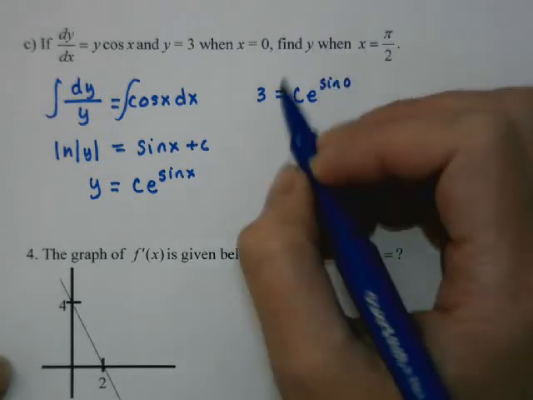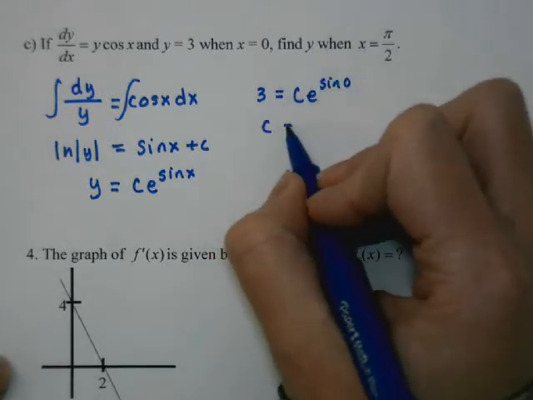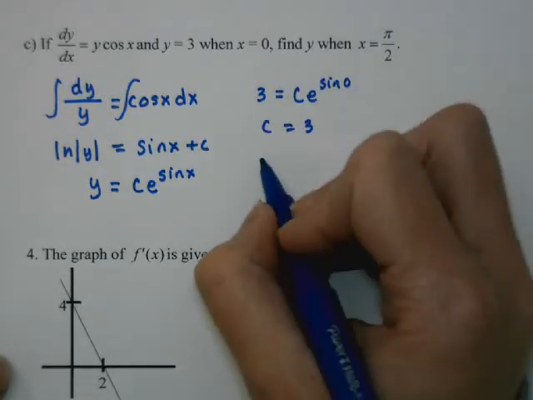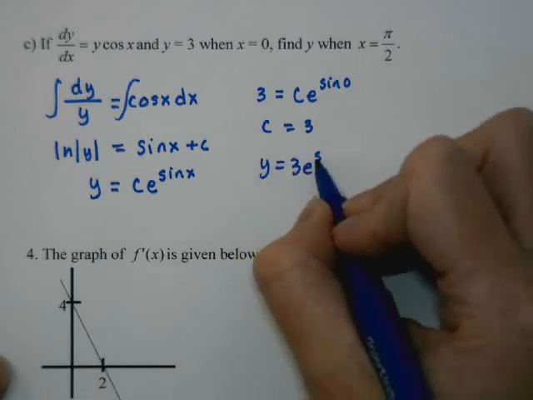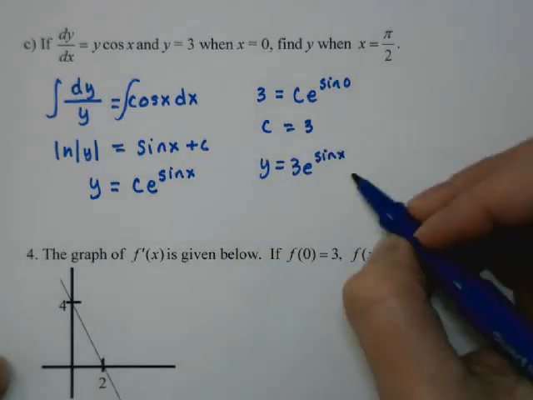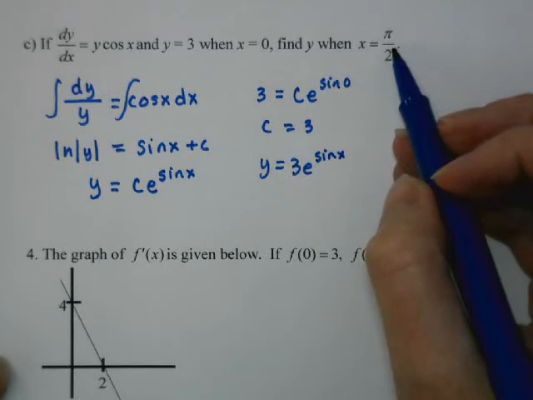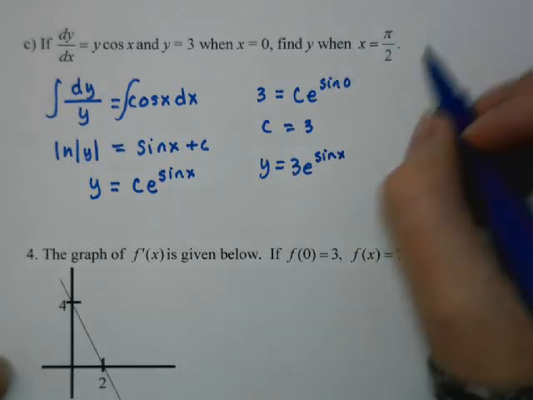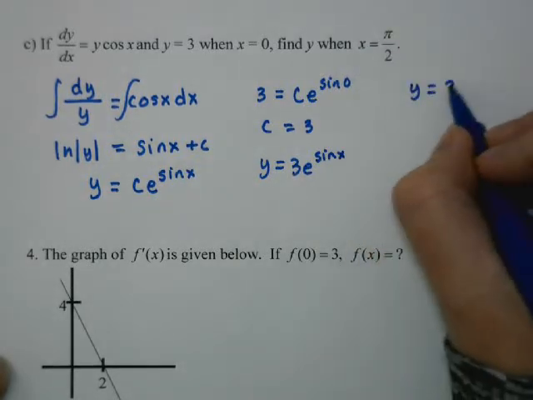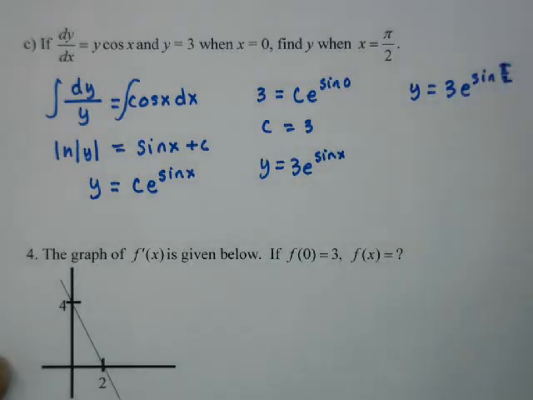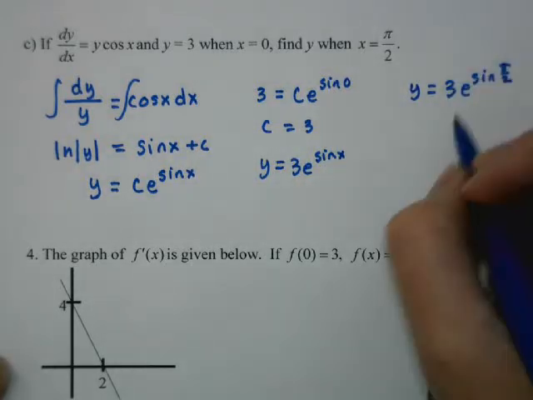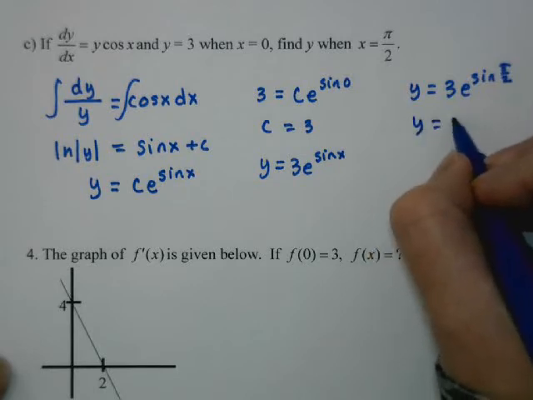Sine of 0 is just 0, so my c is 3. So our final equation is y equals 3e to the sine x. Now we're going to find y when x is pi over 2. Okay, sine of pi over 2 is 1, so this is going to be 3e.